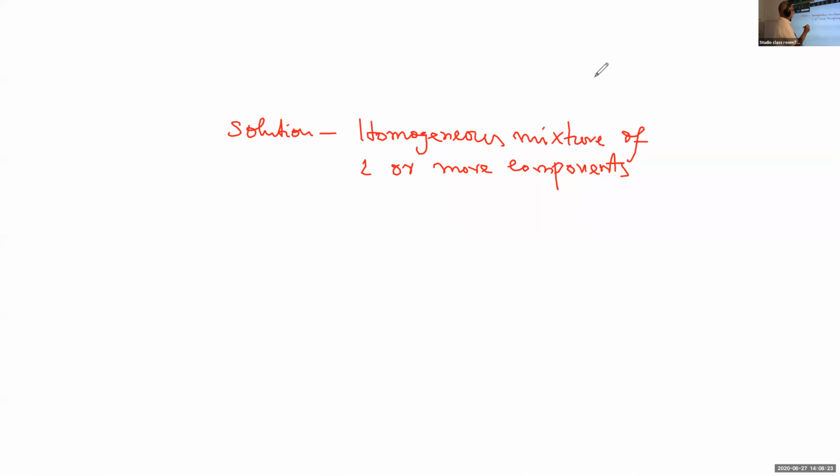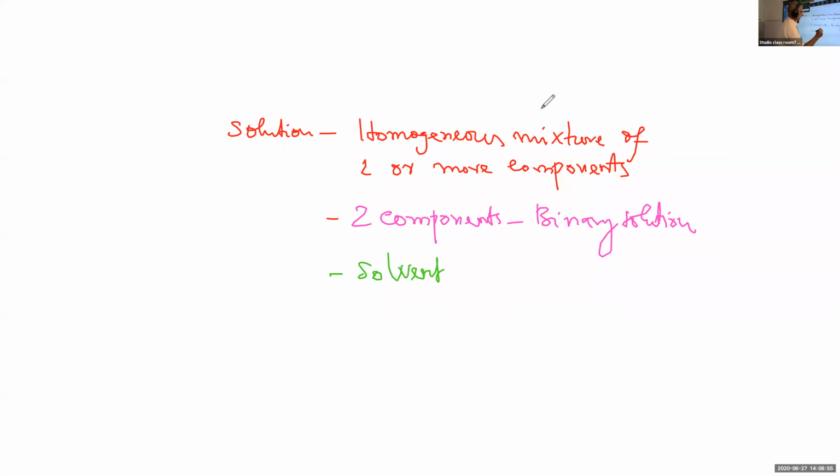If there are only two components, then it is called a binary solution. In a binary solution, there are only two components or two substances. One component is known as solvent, and the other component is known as solute. Solvent and solute, two components.